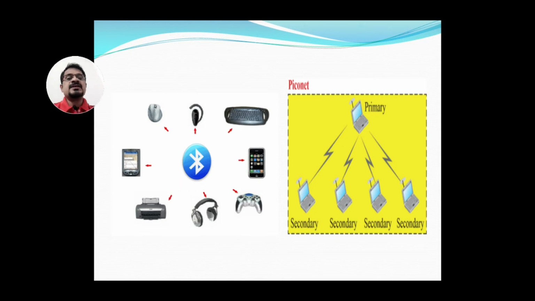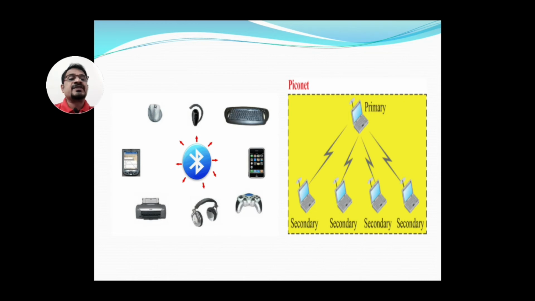Now we will see the architecture. As I said, there are two types of architecture. The first one is a Piconet. In a Piconet, the devices are configured as primary and secondary devices. For a single Piconet, there must be only one primary device, and 6 to 7 secondary devices can connect.